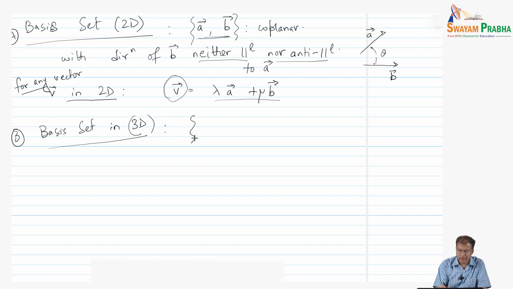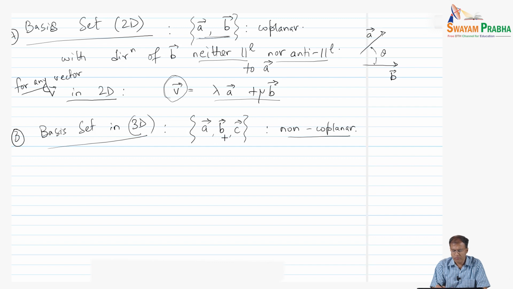We can again start by saying that let us say we have a set of 3 vectors A, B, C, and they are non-coplanar. What I mean by this is, as the name suggests, they do not lie in a single plane.